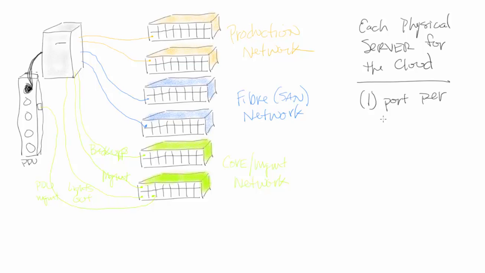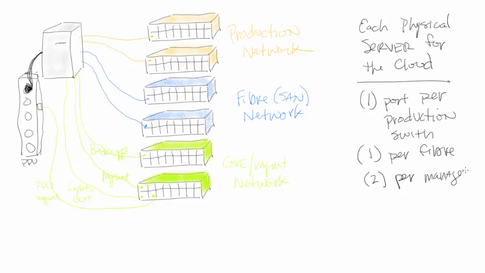In this example, illustrated in orange, there is 1 port per production server. We're going to talk about the math here in just a minute. We have 1 port to the management network. We have the fiber network. We have 2 ports on the management switches. Now I have 3 running to the bottom and 1 to the one right above it, but you get the point.